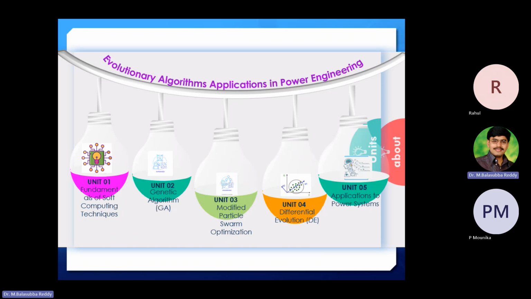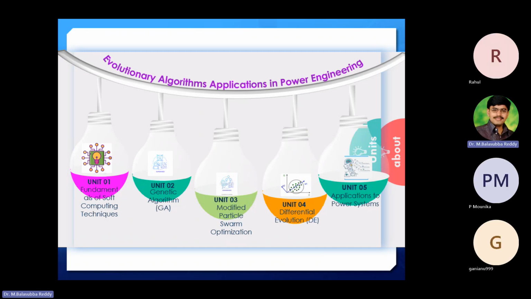By making use of these algorithms, we are going to apply them to power systems. It may be any problem: economic load dispatch or optimization, test function minimization, or load frequency control, single area or multi area.